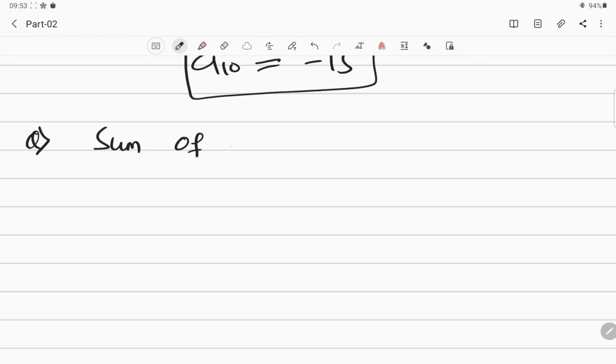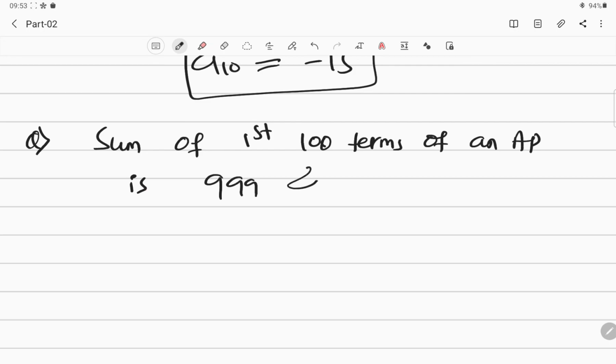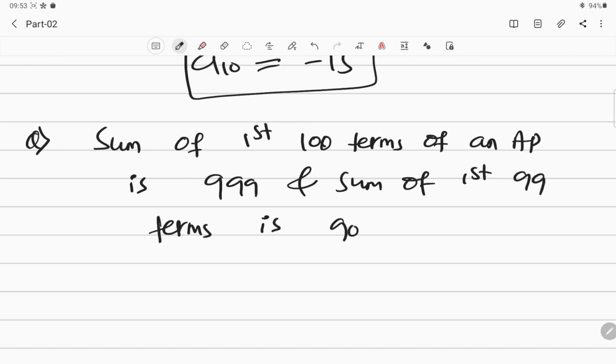Sum of first 100 terms of an AP is, for example, 999, and sum of first 99 terms is, let us take it as 900.